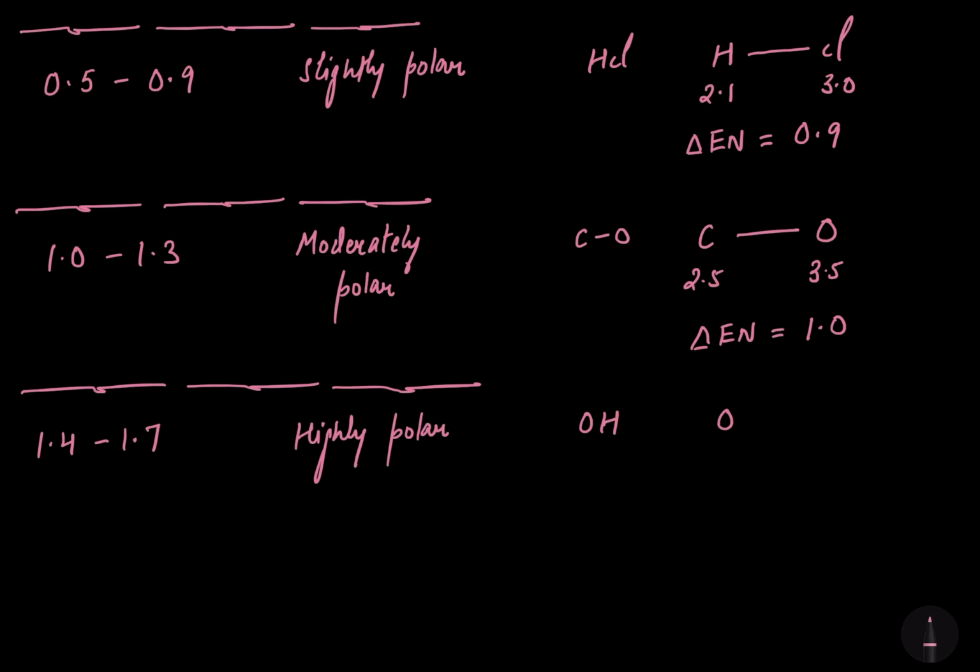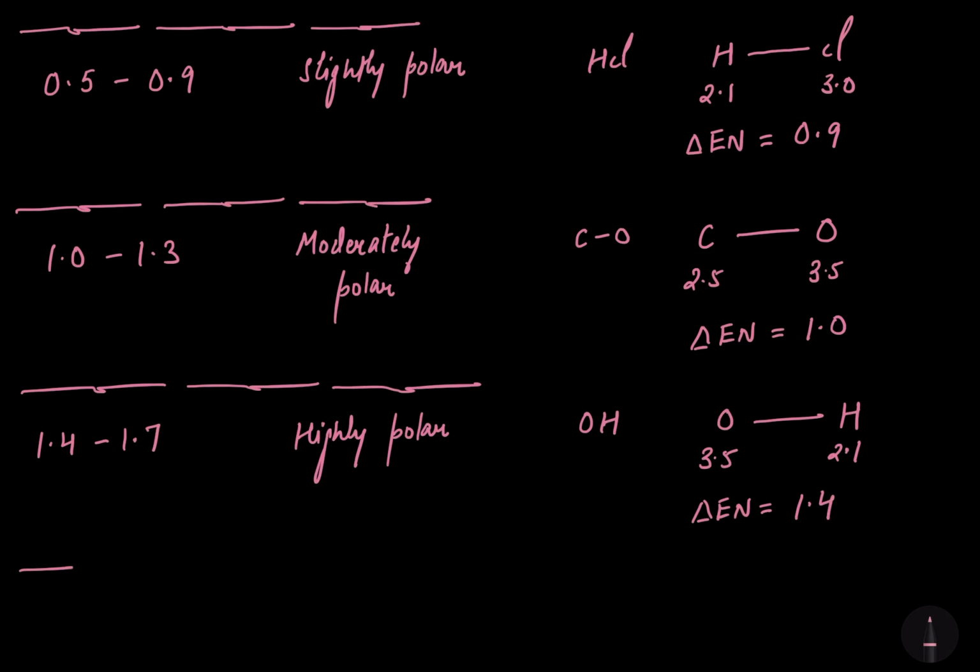So that's the oxygen, hydrogen. The electronegativity value of oxygen is 3.5 and of hydrogen it's 2.1. So the electronegativity difference for this bond will come out to be 3.5 minus 2.1, that comes out to be 1.4. So this bond is highly polar.